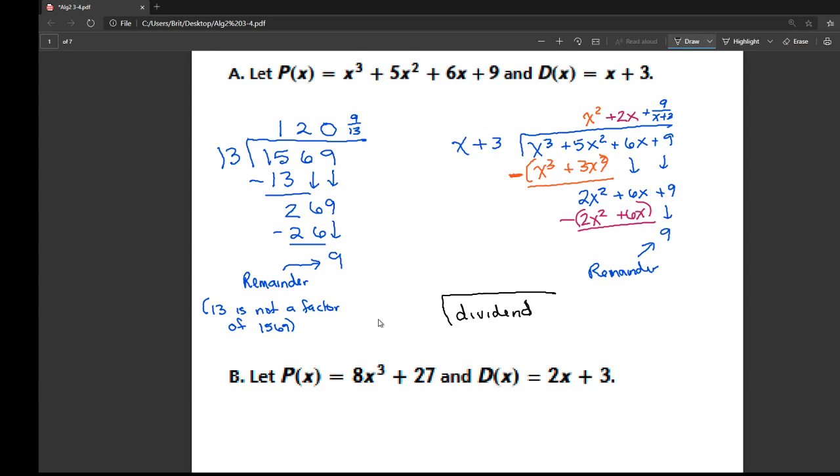Now out here, this is called the divisor, and this is called the quotient. So they're calling that D of x to stand for divisor. And then you'll also see Q of x, and they'll call the remainder R of x. So those are some of the words that you might see coming through all this.